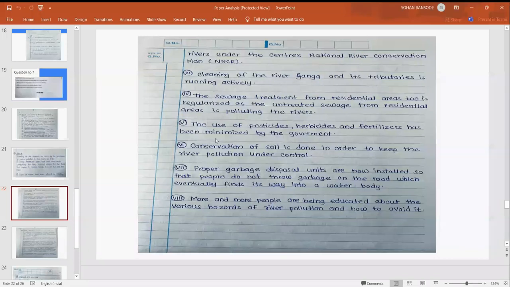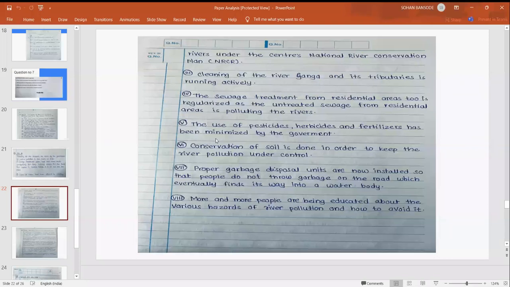Fourth one is the sewage treatment from residential areas is regularized as the untreated sewage from residential areas is polluting the rivers. Next one point is the use of pesticides, herbicides and fertilizers has been minimized by the government. Next, conservation of soil is done in order to keep the river pollution under control.